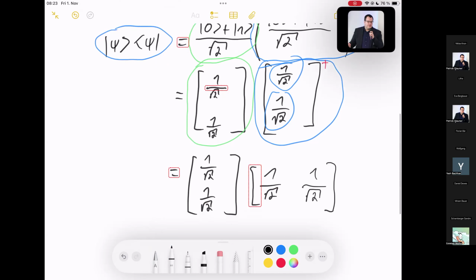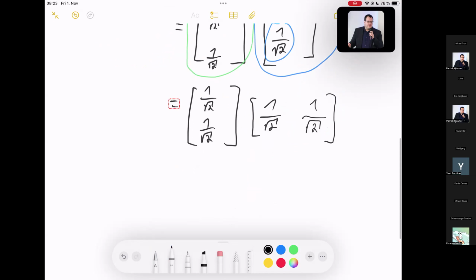And what I want from you is that you multiply this column vector with this row vector, and you can tell us the result in the chat: what happens if you multiply a column vector with a row vector in this order? It's a different result than if you multiply the row vector from the left and the column vector from the right. Don't forget this.